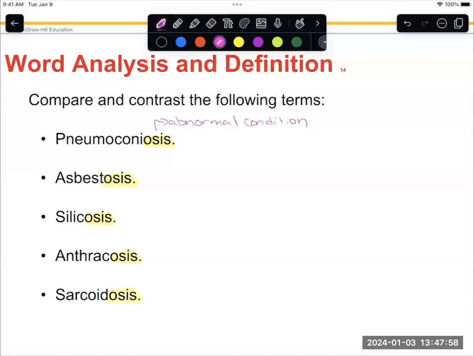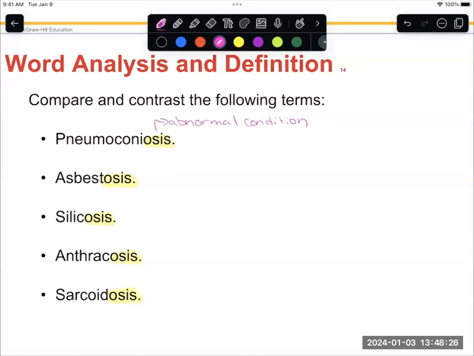And each term here is going to refer to a chronic lung infection of some sort. Pneumoconiosis is just a general term that is used for chronic lung infection. It's usually caused by the inhalation, breathing in, of some sort of irritating dust or droplets of something that's irritating.